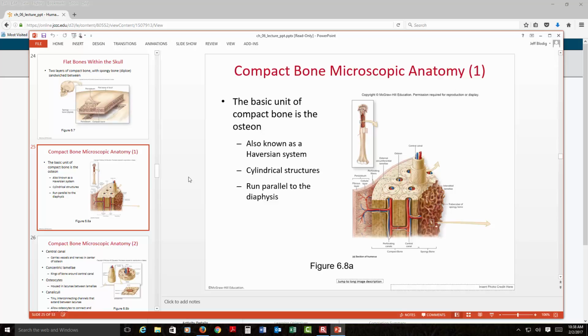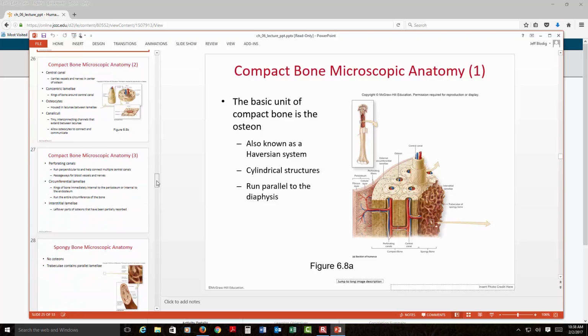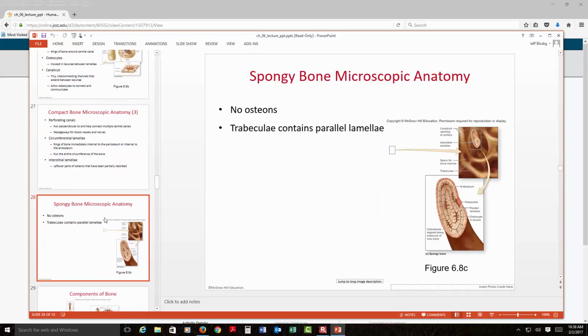Well, in spongy bone, we're going to find out it's not an osteon, it's referred to as trabeculae. And the trabeculae basically form an open lattice-like look versus a compact, dense look that the osteons show.